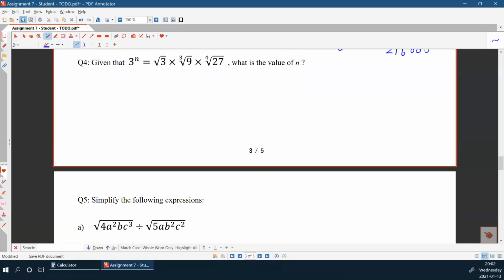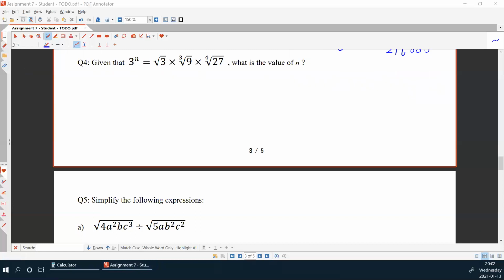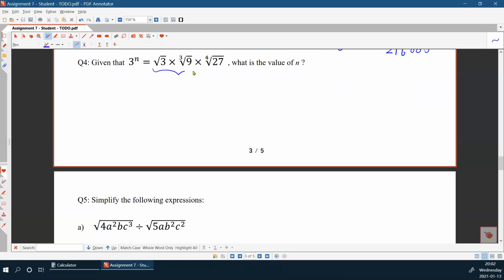And next one. Again, we have practiced the problem like this many, many times. Okay. First of all, let's see what we can do to the right-hand side of this expression. Right-hand side, first term is actually 3 to 1/2 times 1/2 power.